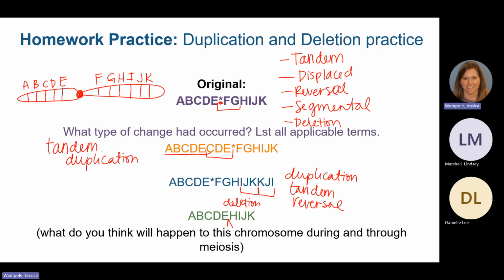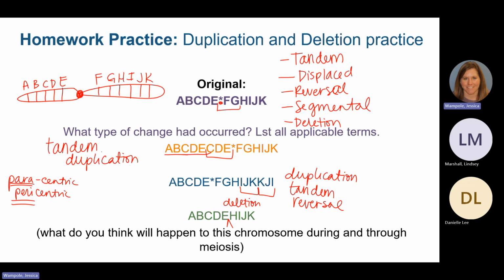When we looked at inversions, we talked about a paracentric inversion. This doesn't apply to this slide, and a pericentric inversion. These are terms that reflect that the centromere is involved. But I'm not aware that you talk about deletions in reference to the centromere. So we've got a deletion here.